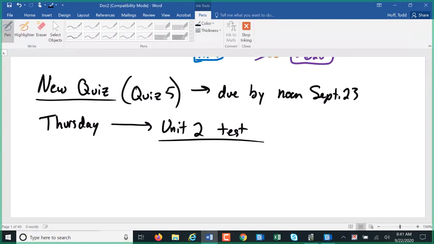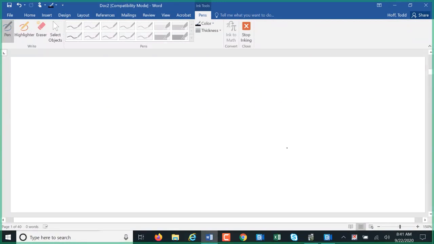Okay then, let's start with our new material. We're going to build off of that idea of a percent increase today. We're also going to go back to looking at that rate method. We're going to use one of the most common applications of the rate method, and that is interest.